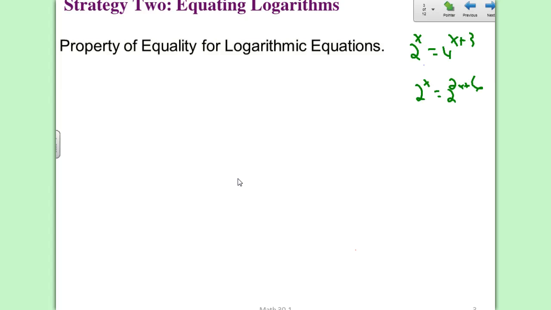So that means, therefore, x would equal 2x plus 6. So that means that x would equal 6. Oops. No, silly. That would mean that if I took the x to this side, x would equal, I bring that over there, x equals minus 6. Okay?